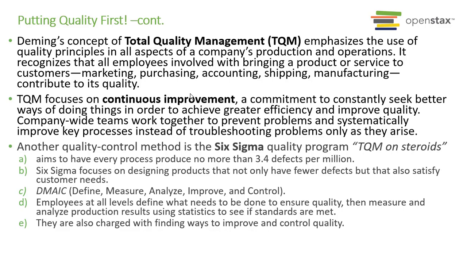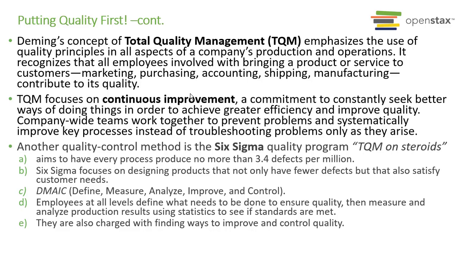Now that you understand this, let's get into the Deming concept of TQM, Total Quality Management, which emphasizes the use of quality principles in all aspects of a company's production and operations. It recognizes that all employees involved with bringing a product or service to customers, marketing, purchasing, accounting, etc., contribute to its quality. And it was mind-blowing at the time because people thought quality belongs in production, in operations, and that's it.